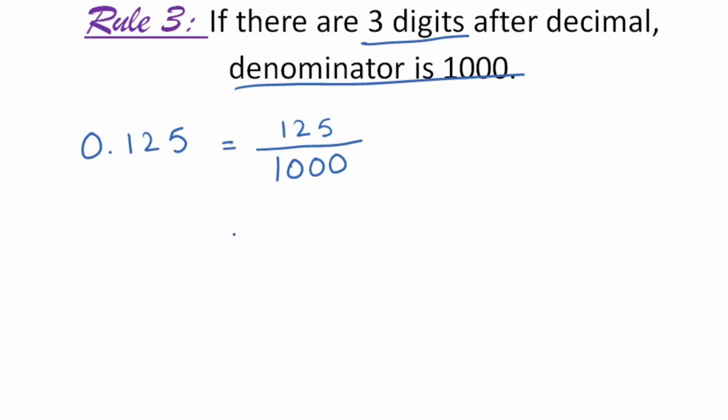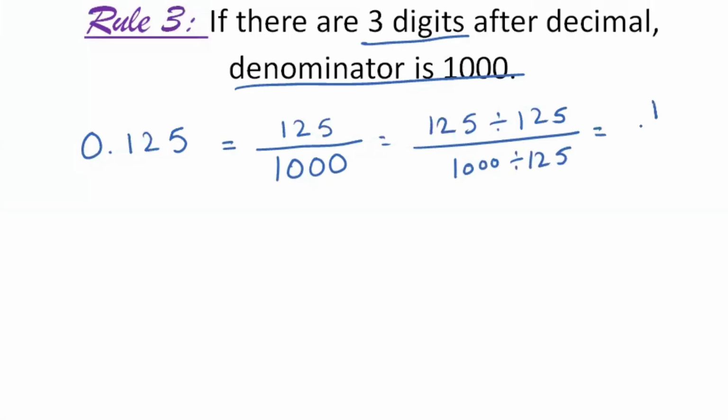Can we simplify it? We can simplify it with 125. 125 divided by 125 and 1000 divided by 125. So it will be 1 over 8. Okay.